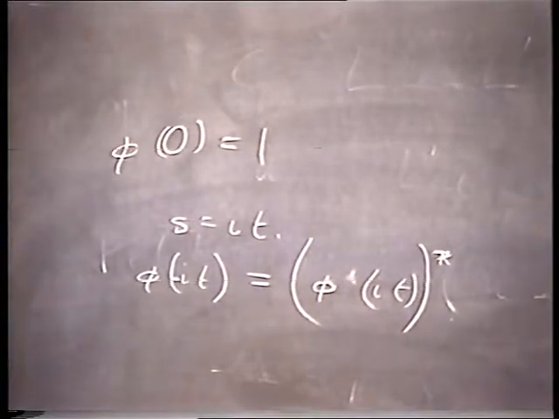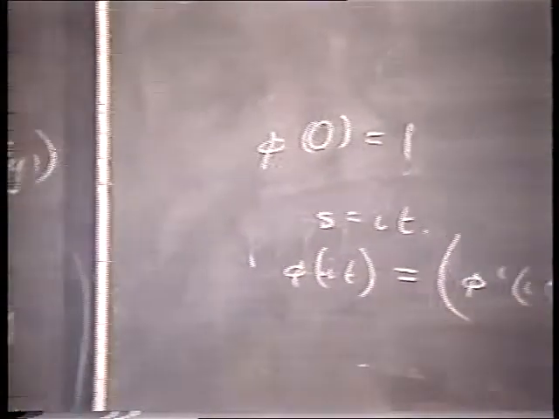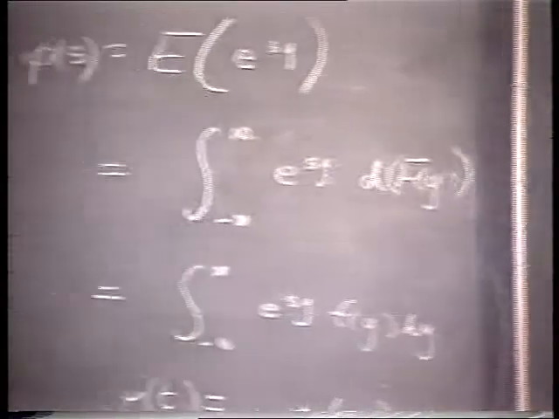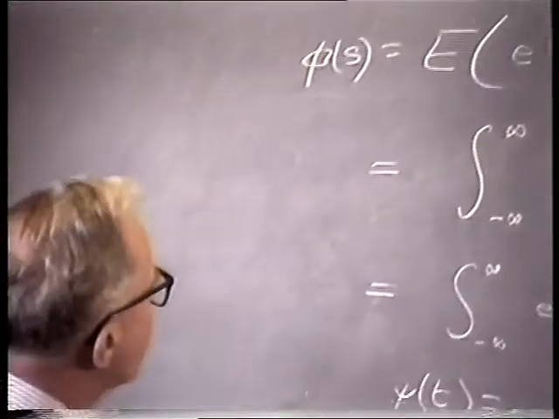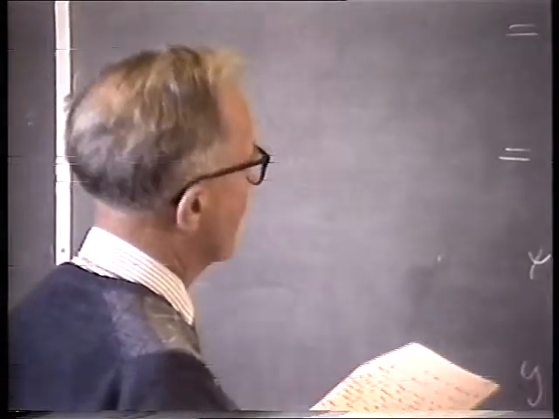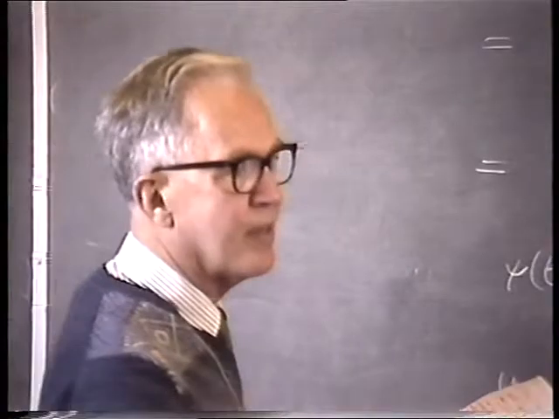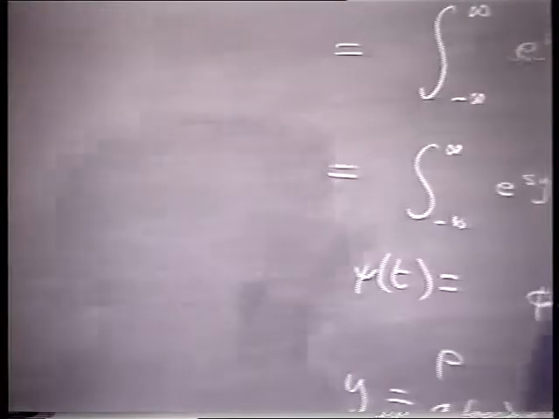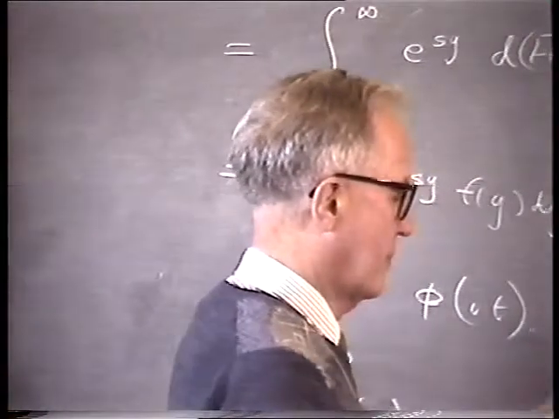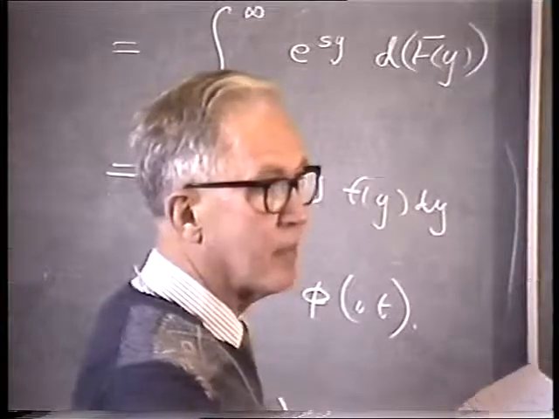And phi of it always exists, simply by taking absolute values throughout. One sees that the integral defining phi of it is absolutely convergent. And in fact the absolute value is always less than 1.